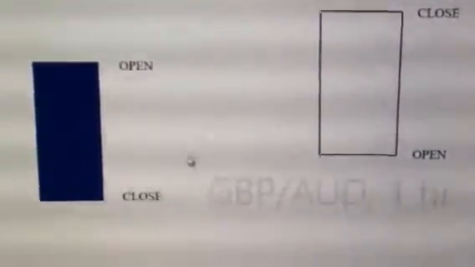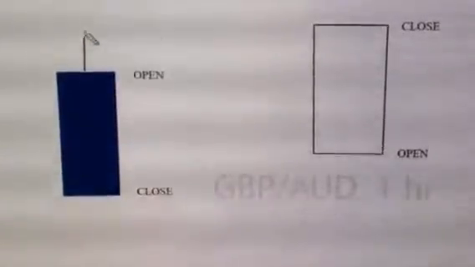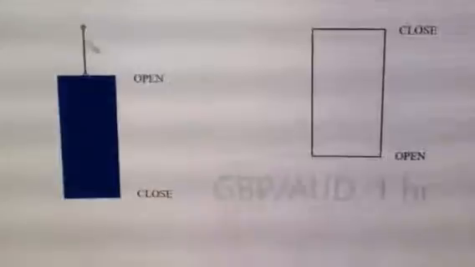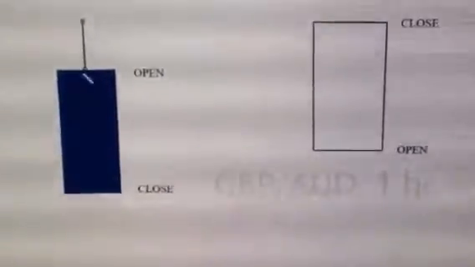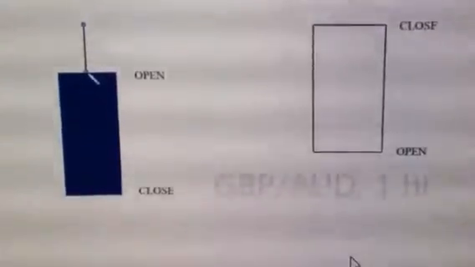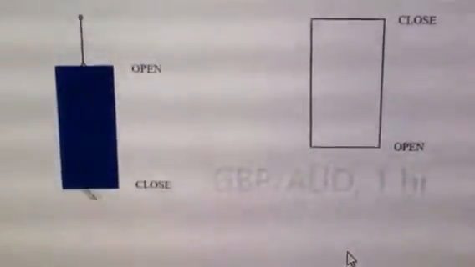Now, throughout the life of this candle, so this is a 1-hour candle, you're going to have times where from the open, the market's going to stretch up, but it's not going to close where it once was. It's going to close here. Well, it's going to leave a wick. And that wick shows, hey, during this 1 hour, the market was up here, but by the time it closed, it was down here.